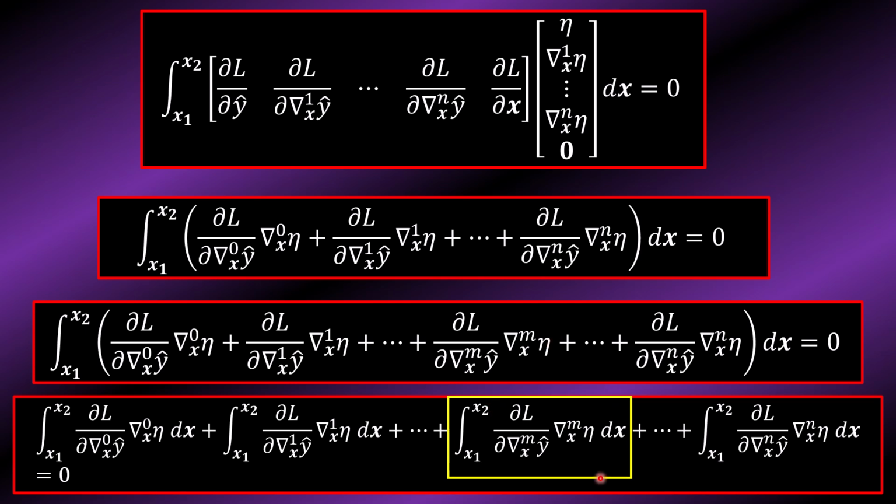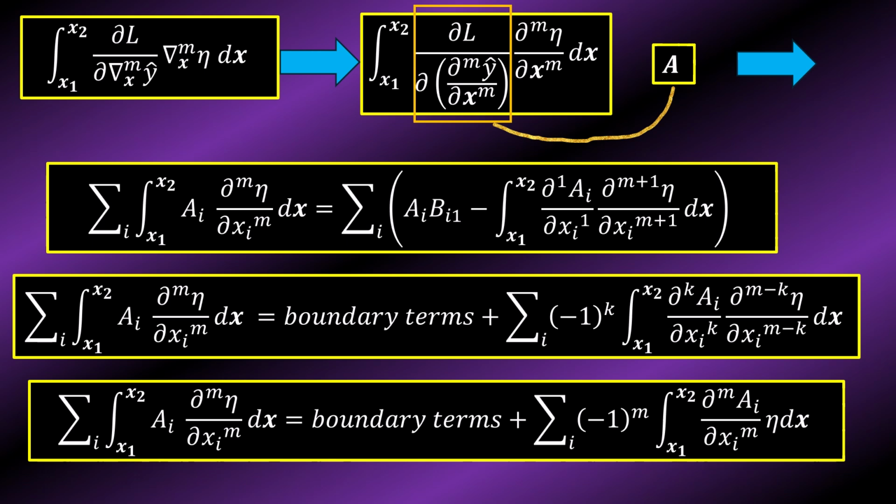Let's focus on trying to expand it using, not the chain rule, but the integration by parts. But how do we do integration by parts on this thing if it's multivariable? Well, I'll show you. On this slide, this is just another way of expressing it.